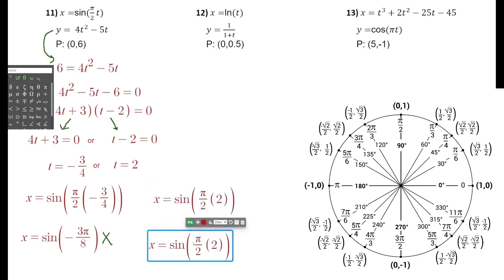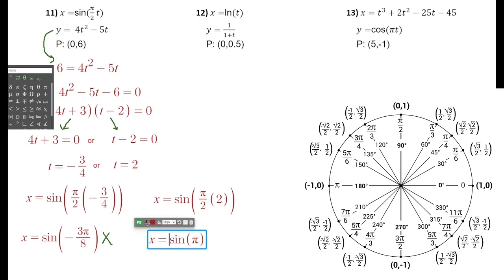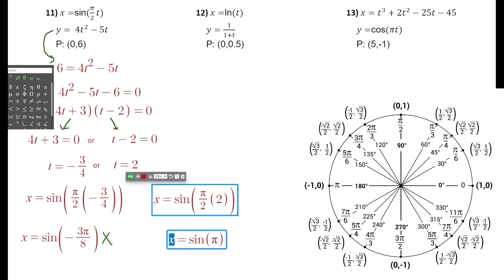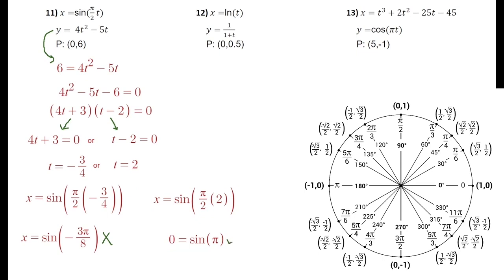We've got 2 times pi over 2, so that'd be 2 pi over 2, which would be sine of pi. And as we can see on the unit circle, sine of pi is 0. So this one is going to check out. This 0 that we're looking at is right here.